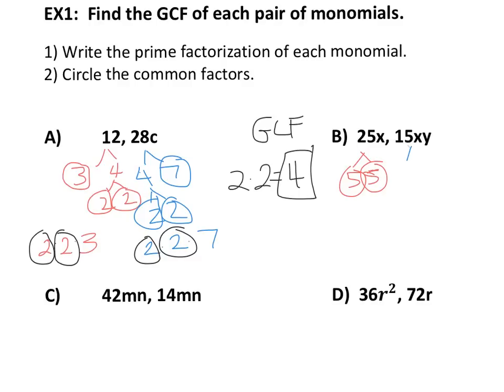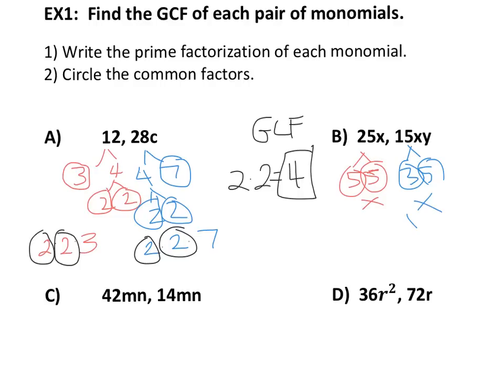Now, for the factors of 15xy, we know that's 3 and 5, and 3 and 5 are also prime numbers. But again, we see that it has the variables x and y. Because both 25x and 15xy have an x, that is one of the common factors between those two terms.